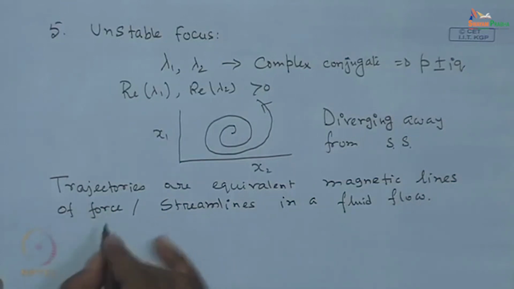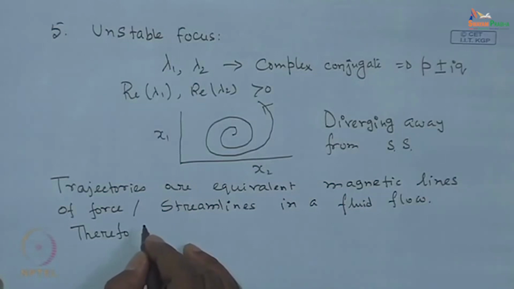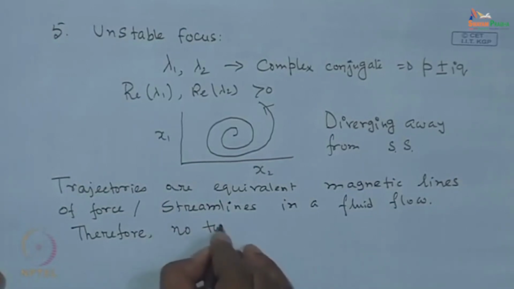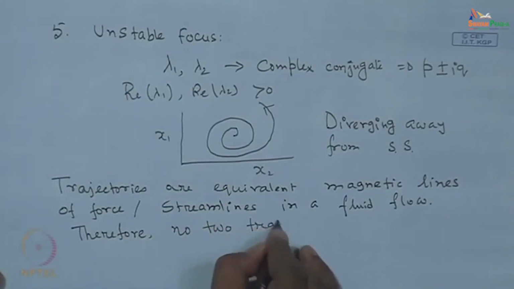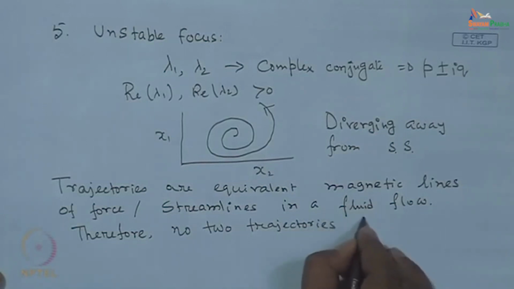And therefore, no two trajectories will intersect each other at any point in the phase plane.